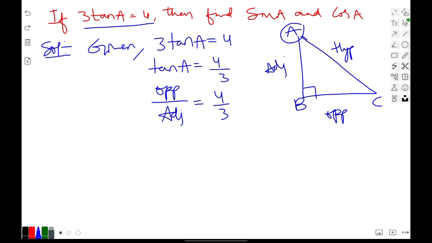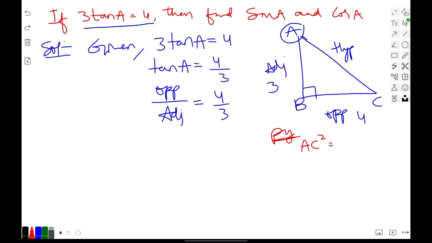For tan, they said tan equals 4 by 3. As they have some common ratio, I'm not taking any common ratio; without taking the common ratio also you can do it. So here opposite is 4 and adjacent side is 3, and we need to find the hypotenuse. But how to find the hypotenuse? We can use the Pythagoras theorem. What is the Pythagoras theorem?